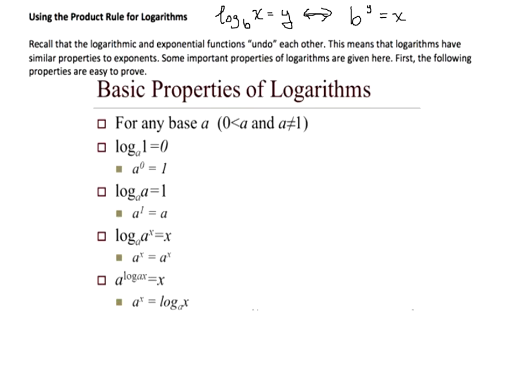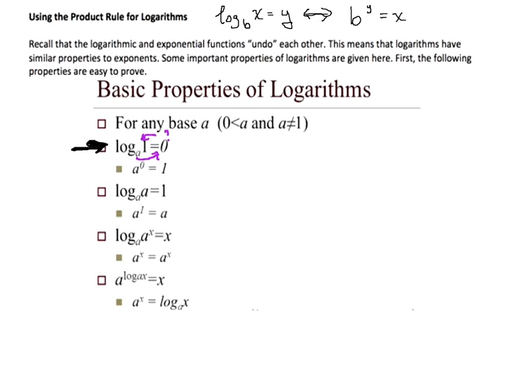So, for example, if we look at the property log base a, they're using base a with this particular set of properties. Log base a of 1. Remember, this is asking what can I raise a to get 1?